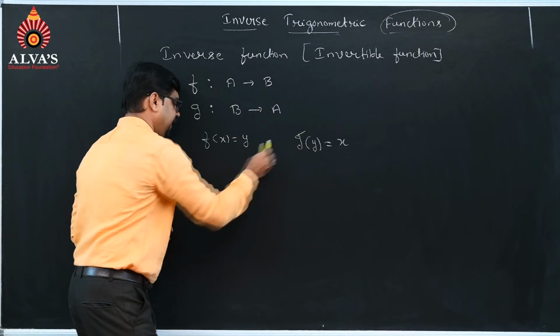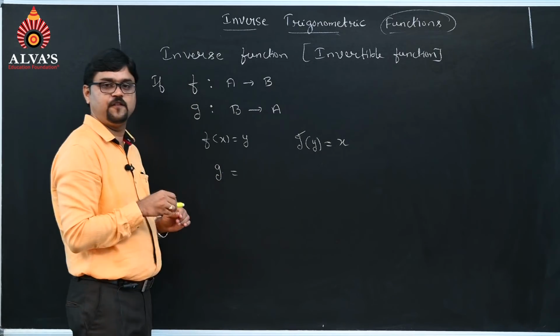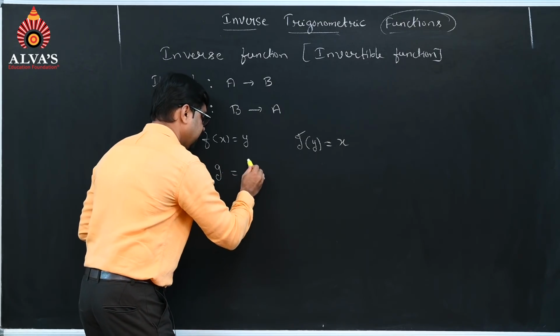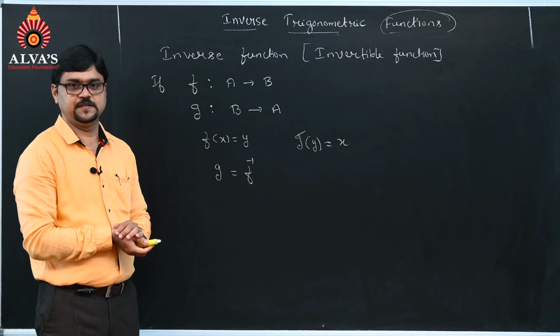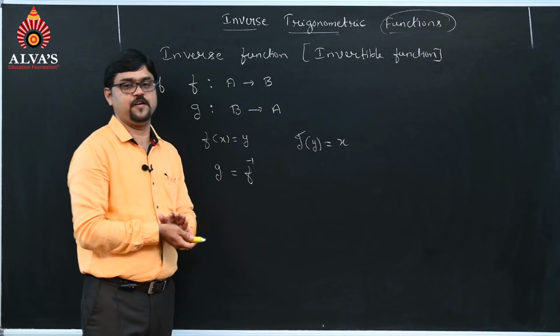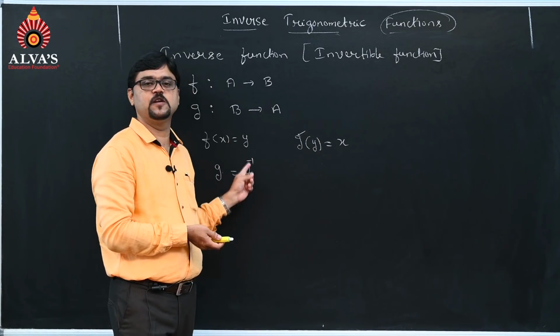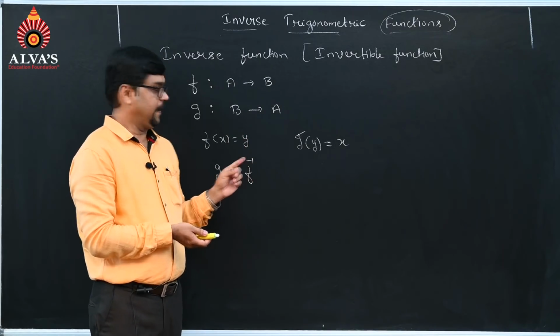Then this g is called inverse of f, and it is denoted by f inverse. So students, you have to read it as inverse of f. Don't say f to the power -1. You have to say it as inverse of f.